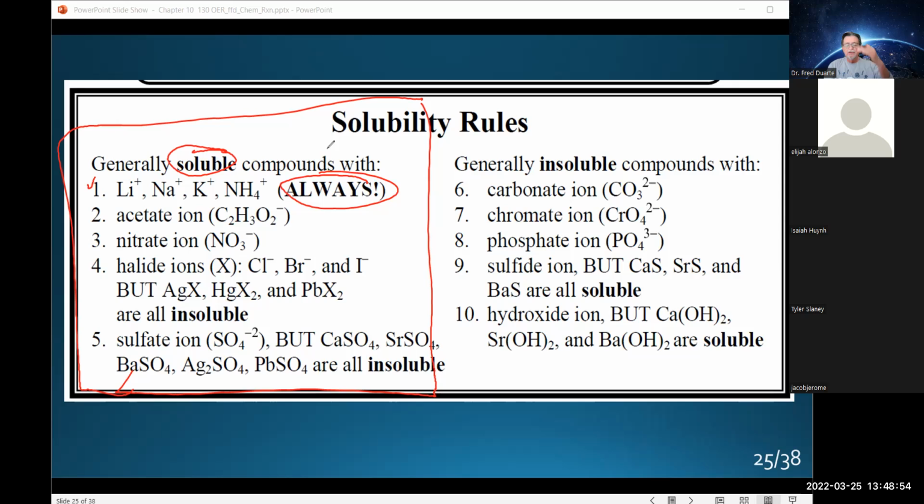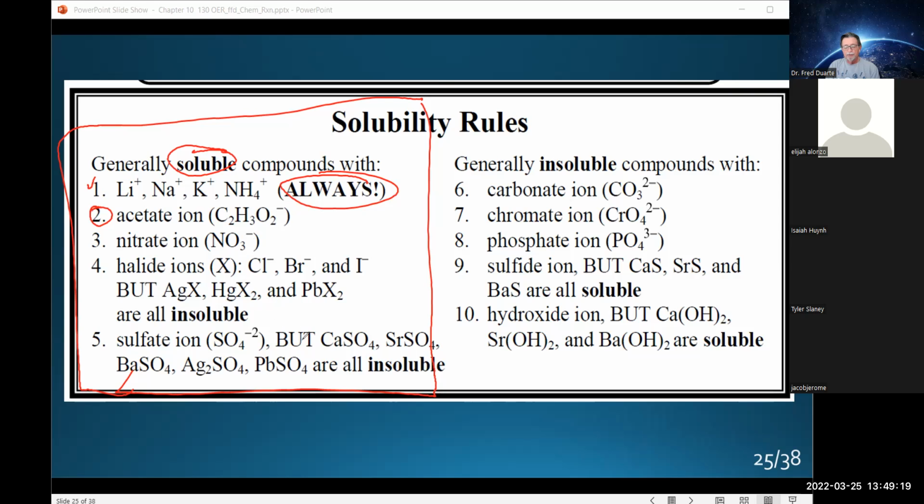So anytime you see sodium, potassium, ammonium, or lithium up front, followed by whatever, and you want to determine whether it's soluble or not, you don't have to go any further. Those four, I call those the big four, those four cations are always soluble, okay? So it'll be labeled as AQ. Number two, this is the acetate anion, okay?